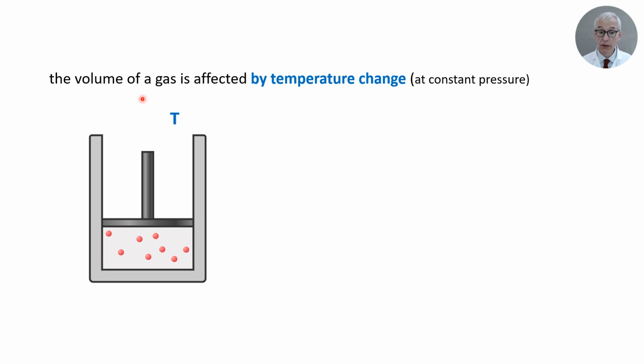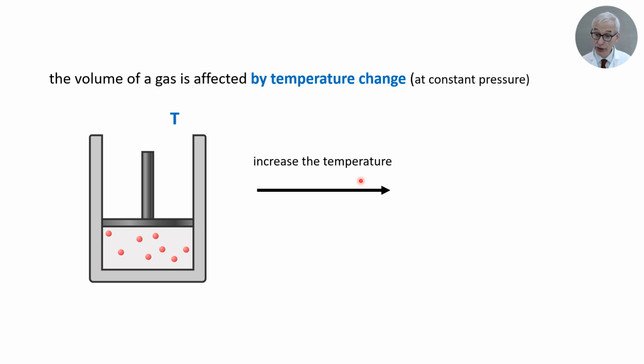The volume of a gas is also affected by temperature change. So if we take the same arrangement, we have a piston and a volume of gas at a certain temperature. What would happen to the volume if the temperature was increased?